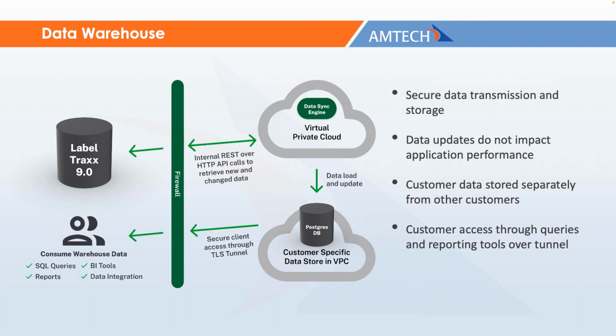It is architected so that it will not produce substantial load on your system, even if you're making a lot of changes. Because the Postgres database is in the cloud, there's no effect on your transactional database when queries are being made to it.